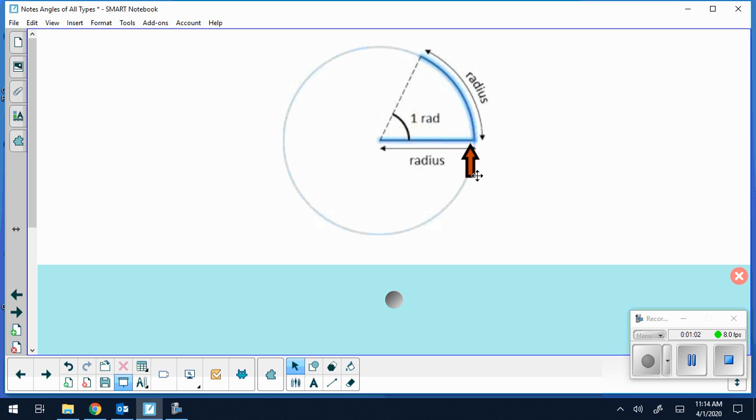So if this is equal to 3 and this is equal to 3, then this angle is equal to 1 radian. If this is equal to 17 and this is equal to 17, this angle is equal to 1 radian. So as long as your radius and your arc length are congruent, are equal in measure, then that's going to give you the 1 radian.